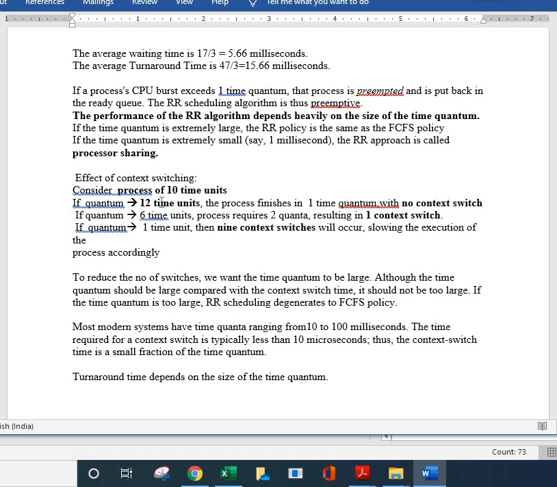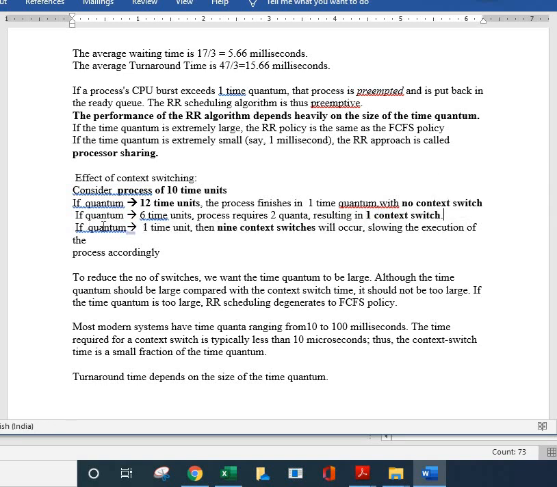Whereas if you design the time quantum to be 6 milliseconds, then obviously it cannot complete in one time quantum itself, so at least one context switch has to be done.